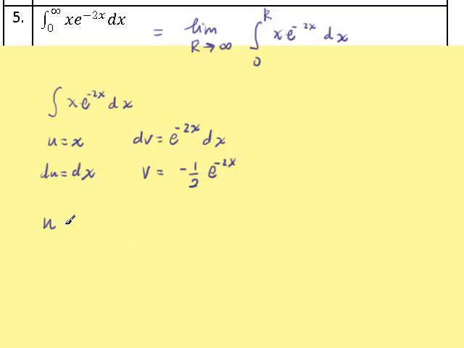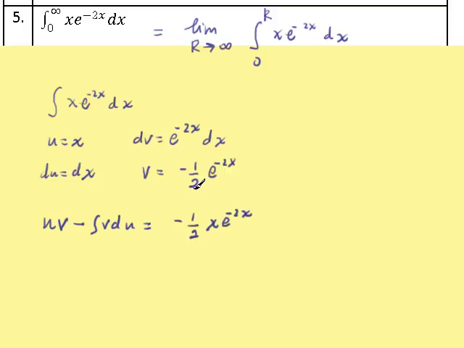And now the integration by parts formula, uv minus integral v du. There's uv, minus 1/2 x e to the minus 2x, and then minus integral v du.